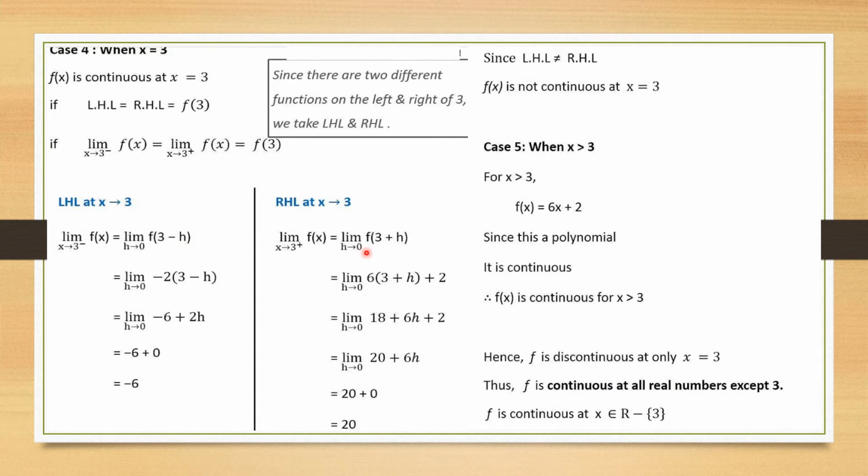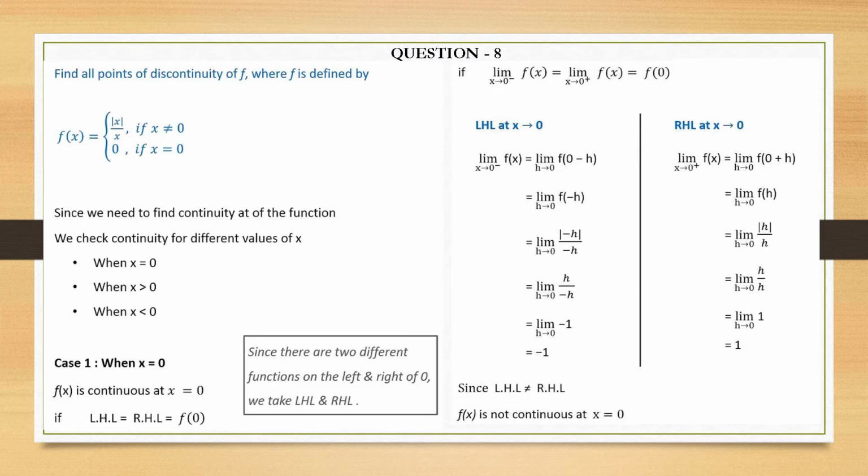For the right hand limit, x is equal to 3 plus h, and we get 20. Both are not equal, so the function is not continuous at 3. For x greater than 3, it is again a linear polynomial, which is continuous, hence the function is continuous everywhere except at 3. So we say f is continuous for x belonging to R minus the singleton set {3}.